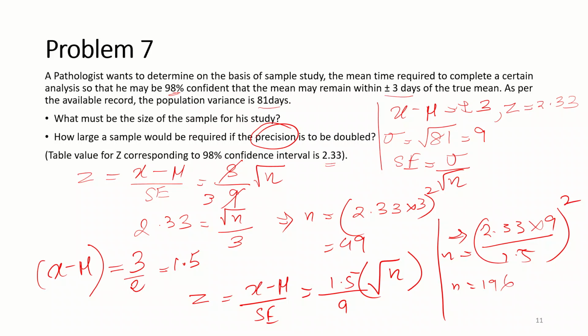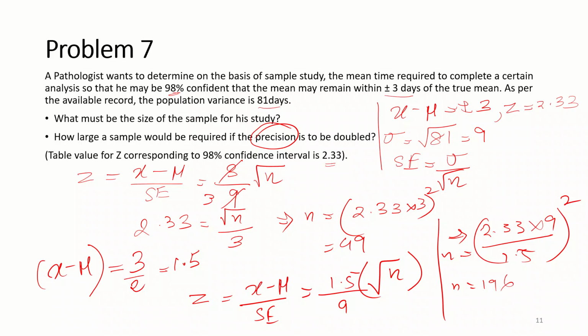So it tells us that when we have to double the precision, how do the standard error or the number of samples change? How does the sample error change with precision? Can you tell?